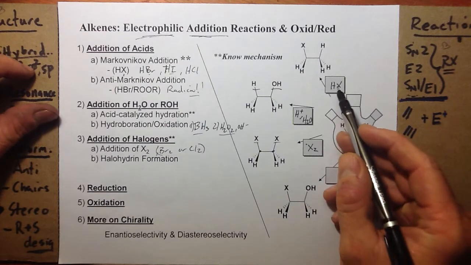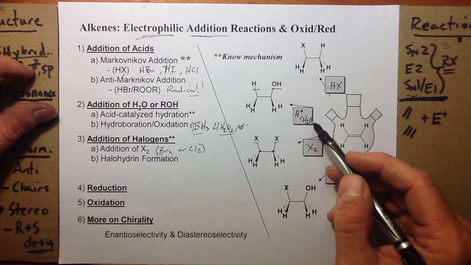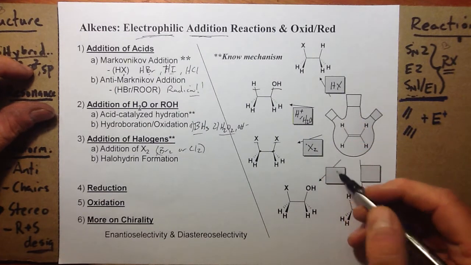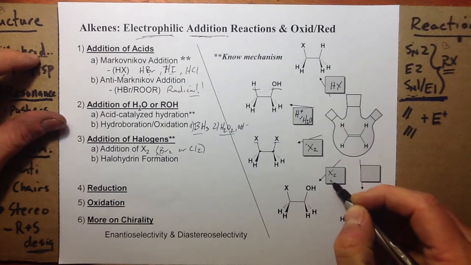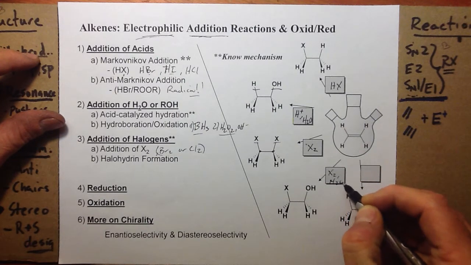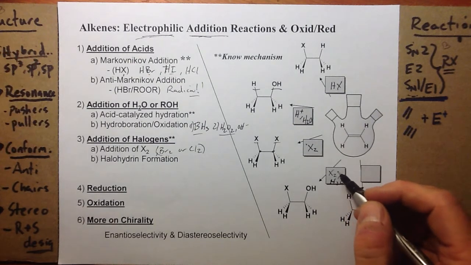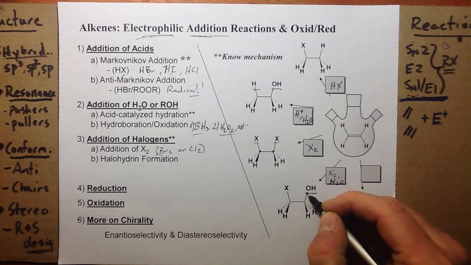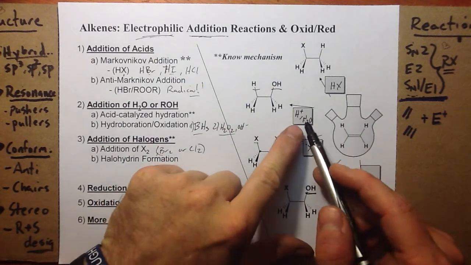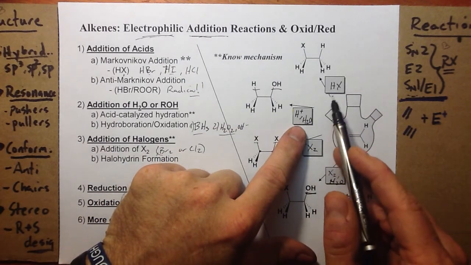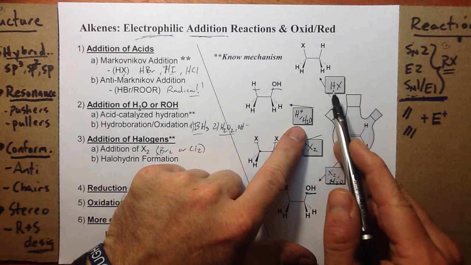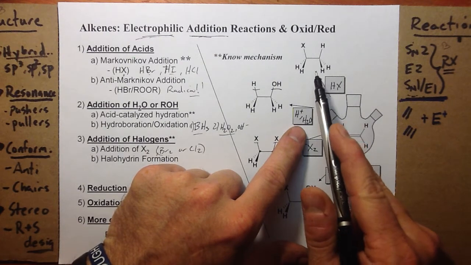And just like we have acid and then acid with water, we're going to have halogens and then halogens with water. So we're using aqueous solution here to change the second step, just like we used aqueous solution here to change the second step of acid addition across a double bond.